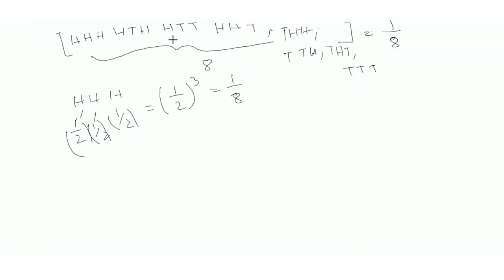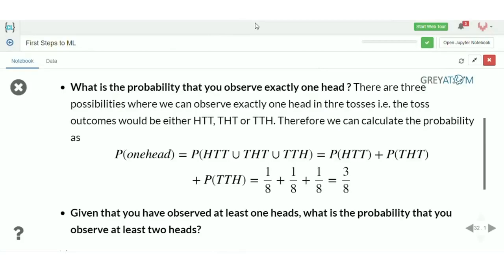Exactly one head is this, and this, and this. So there are 3 possible outcomes where we see exactly one head, right? So the answer would be 3 by 8. You can verify that just from the examples here: this, this, and this. These are 3 possible outcomes, each with probability 1 by 8, so you can calculate the probability that way.